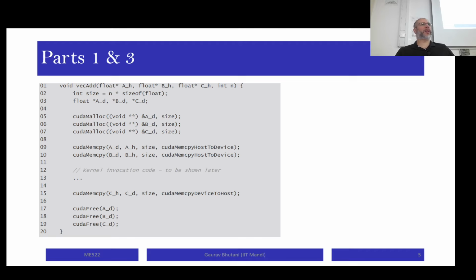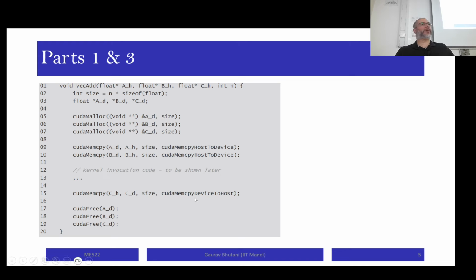So use this cudaMemcpy function. This function is used for both cases, for copying the information from host to device as well as from device to host. So you have to specify this constant, cudaMemcpyHostToDevice, which tells the function that you want to copy the information from host to device in this case in part 1.